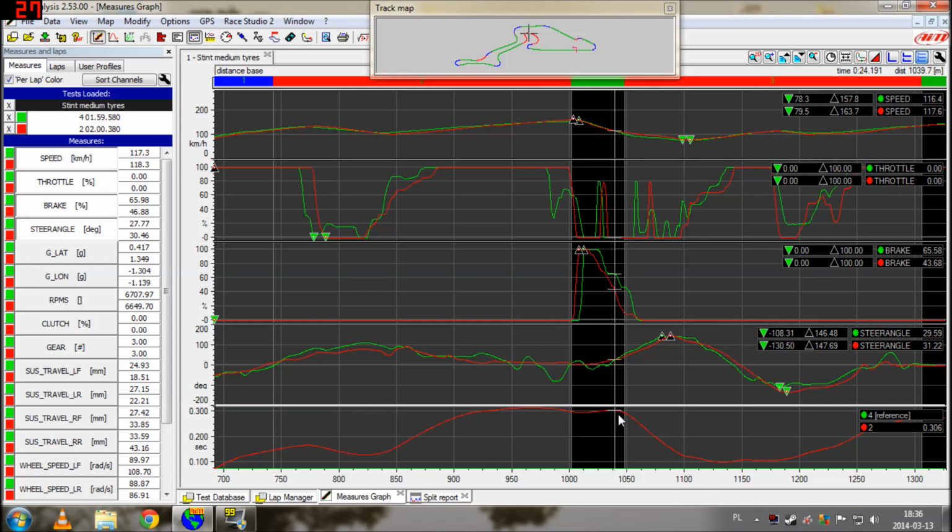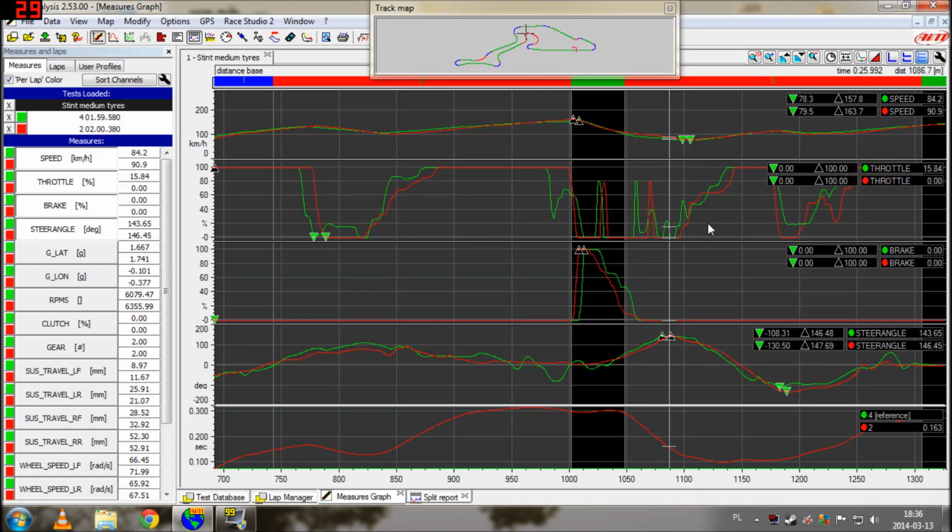Okay, and why did I again lose a lot of gap? Let's see. What we know is that on the quicker lap, maybe because I was more aggressive, the car was less stable. It's possible, but let's look at the speed. 10 kilometers per hour difference in the speed, which is a lot. But what happens next?